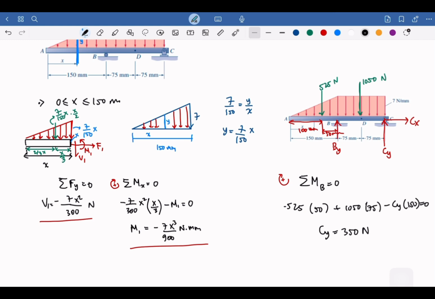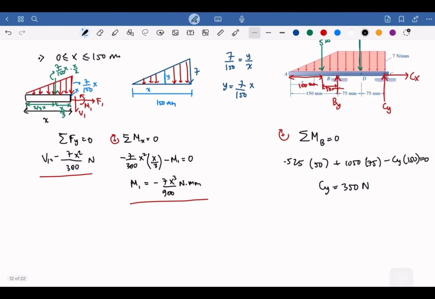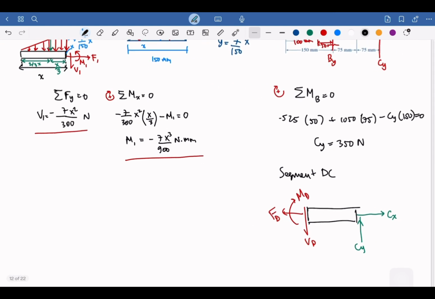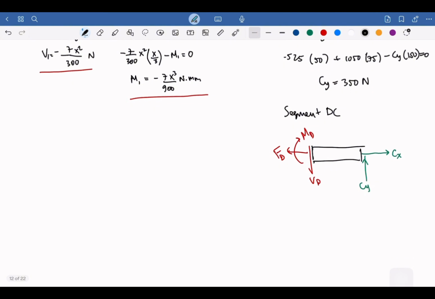Now this CY will play a supporting role. So if we imagine the segment DC, then we can only focus on this diagram. So we have CY, we have CX, and we have VD, FD, the one that we're looking for, and MD. And then doing the same, and I hope you know how, and I believe most of you got this correct.